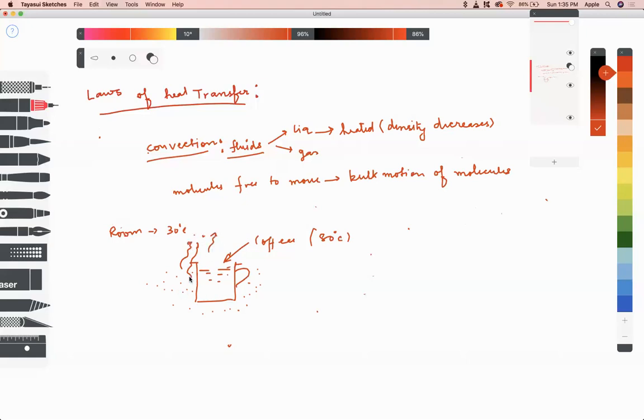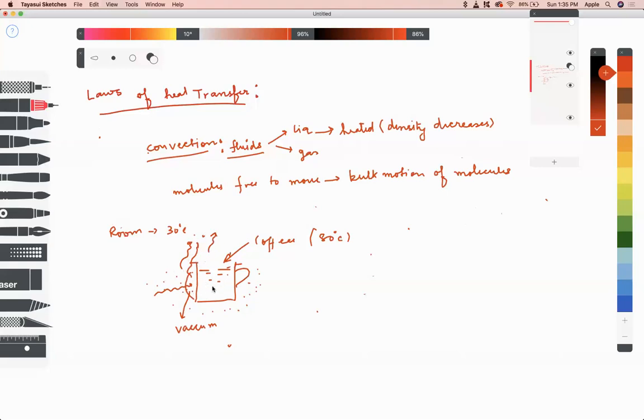And as a result, it will create a partial vacuum here. Now this vacuum has to be filled up by additional molecules, which will tend to move and occupy this space, and will eventually again get heated up and keep on moving upward. As a result, what is happening?